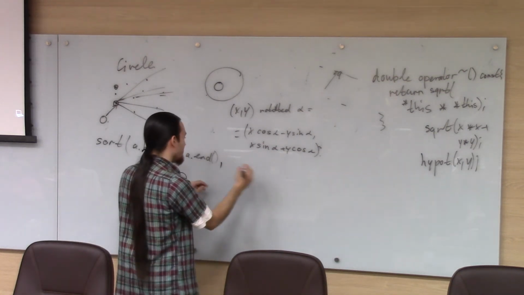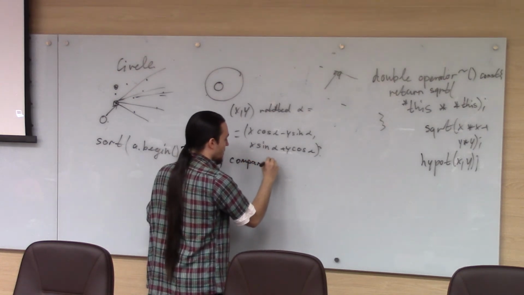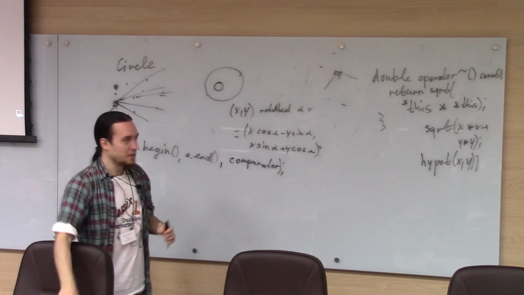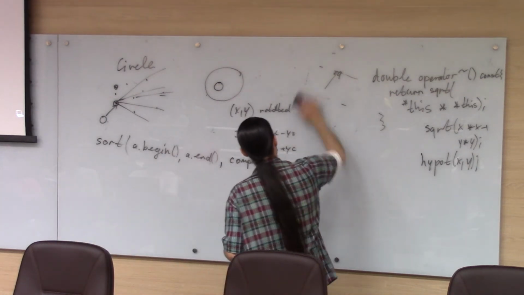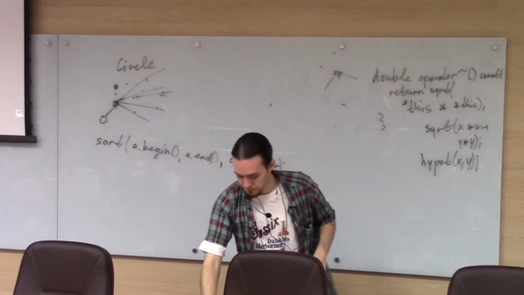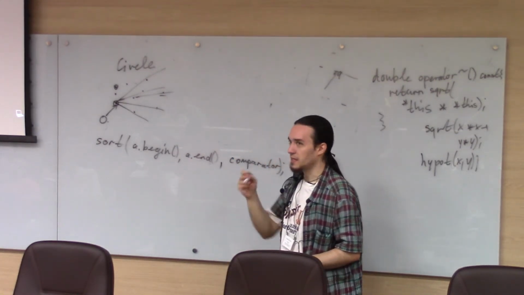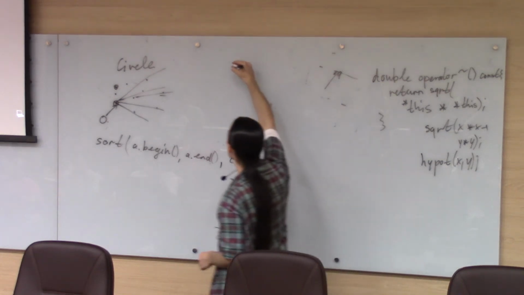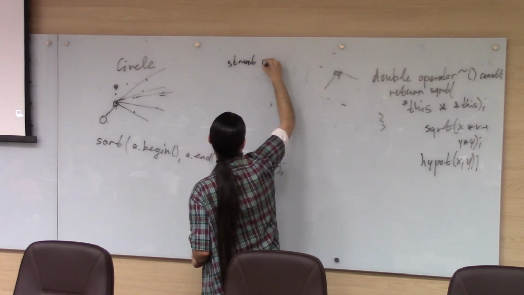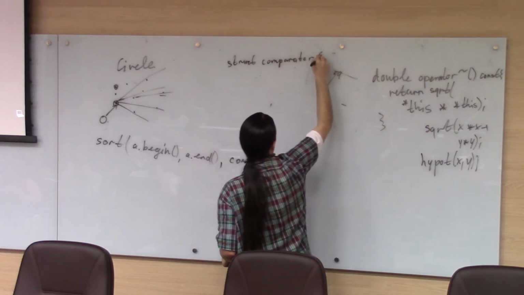So, for example, we may want to write a comparator here. Let's talk about what the comparator is going to be. Usually, in this case, I recommend to define a special structure, which we have called comparator.